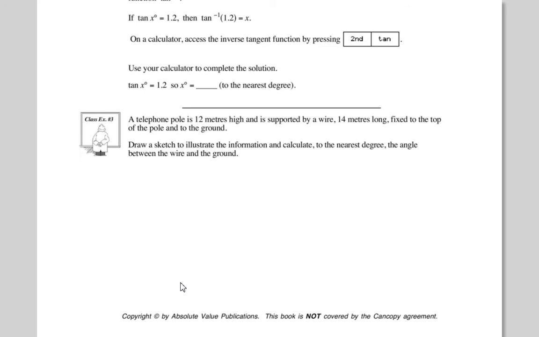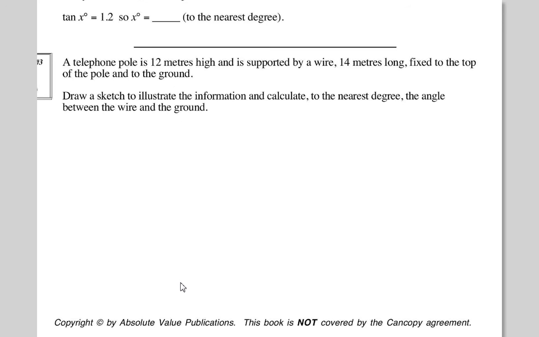Okay, let's try the question now. Okay, telephone pole. This is 12. You guys okay with that? Supported by a wire, 14 meters long. I believe it'll look like that.